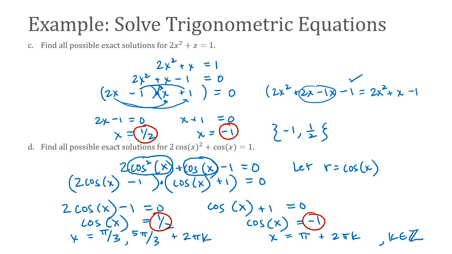And so then that would have given us 2r squared plus r minus 1 equals 0. And we could have gone through the process of factoring, and then at the very end, substituted that cosine of x back in to actually solve for the solutions that we got.